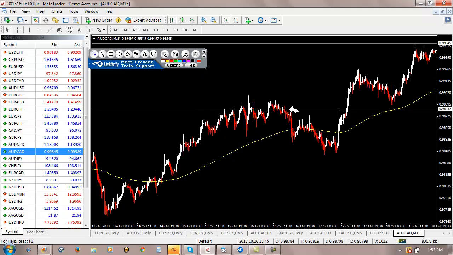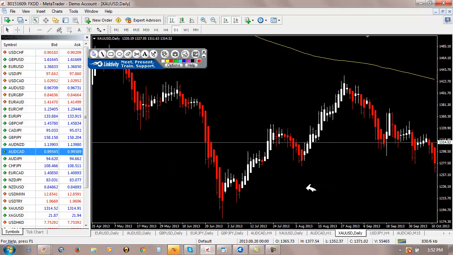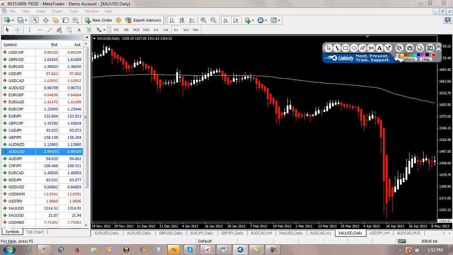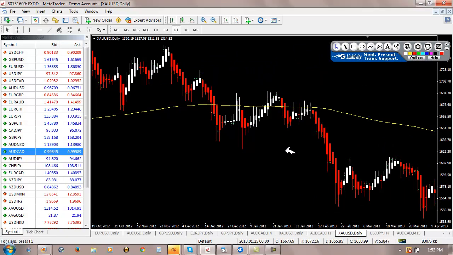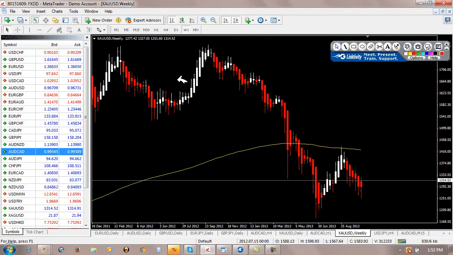Now let's look at a gold chart. I think this is the one I wanted over here. This is a daily chart, so we're kind of going to a very different extreme here. And actually, no, I want to go to a weekly a second. You can see on the weekly, right?